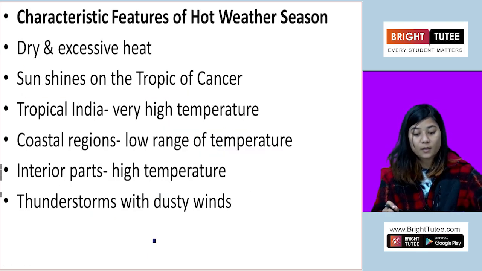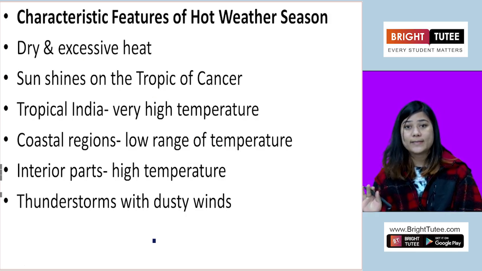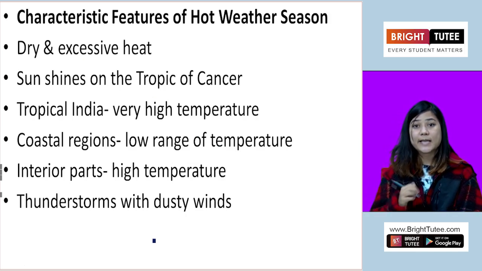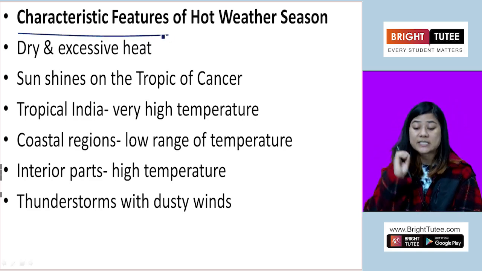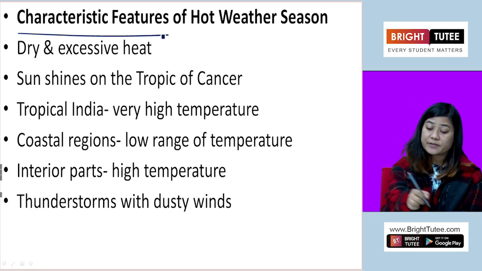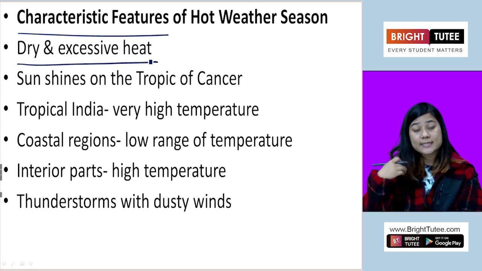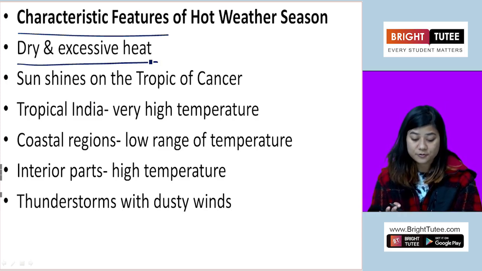So as we come to the end of the hot weather season, let us look at some of the characteristic features of the summer season. The hot summer season is very dry and excessive heat is experienced in parts of our country.